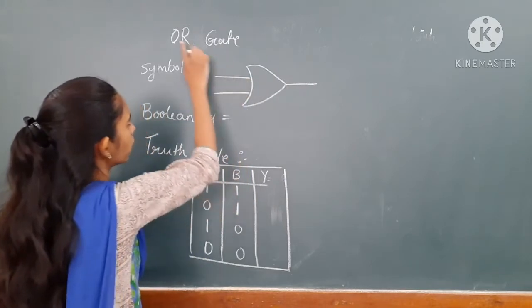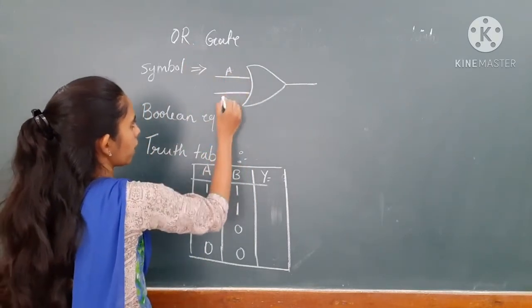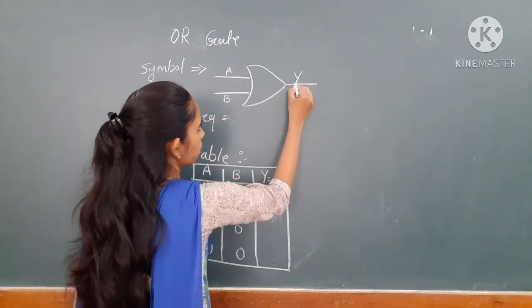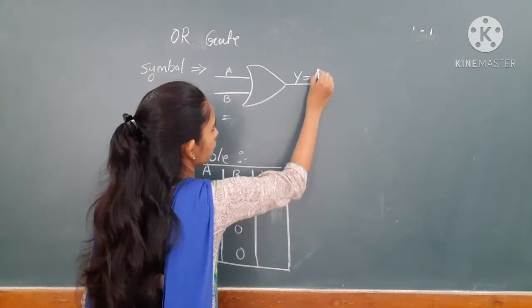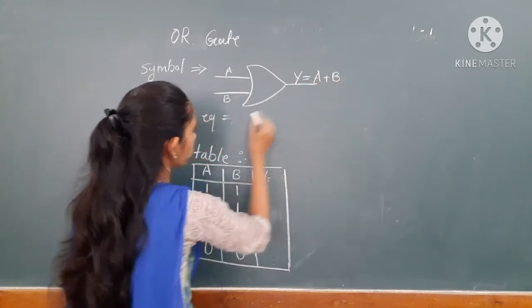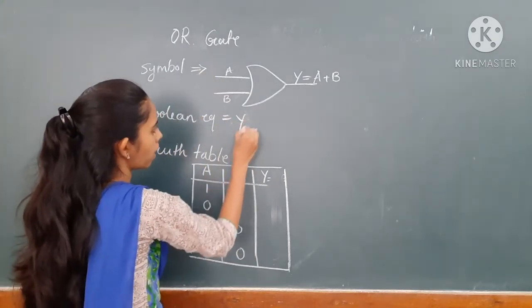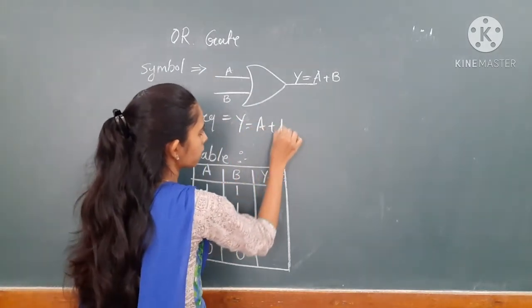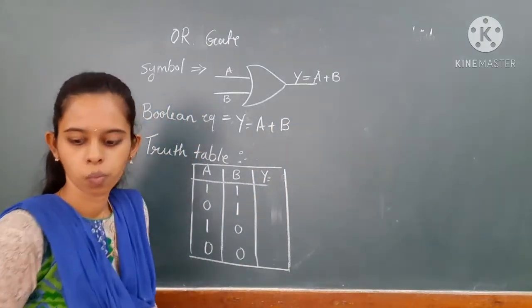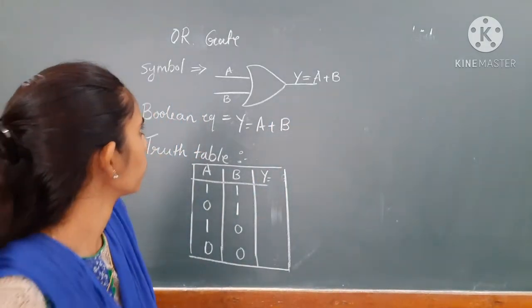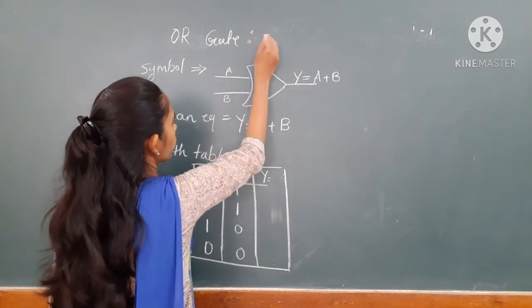This is called the OR gate. It has two terminals A and B. It will have a terminal Y, which is equal to A plus B. The Boolean equation for the OR gate is Y is equal to A plus B. Now what does the OR gate tell you? The statement for the OR gate will be what?